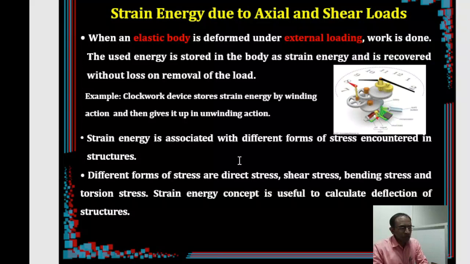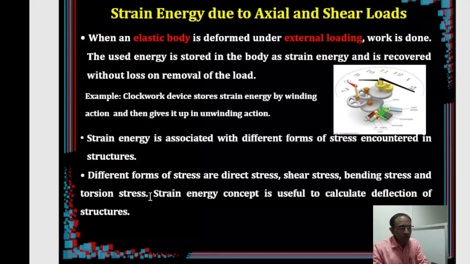Then in dealing with structural members, we come across strain energy in different forms, not just the axial load. Strain energy may be stored because of the normal stress or direct stress, or it may be due to shear, or due to bending or even torsion, right? Any of these loads or stresses can induce some form of strain energy in the bodies, right?